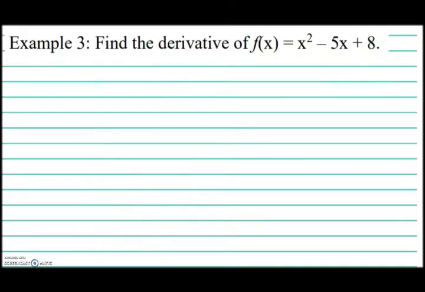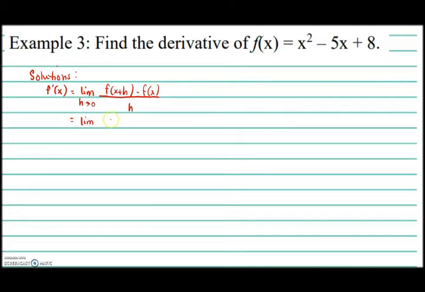Next example. Find the derivative of f of x equals x squared minus 5x plus 8. So, solution. Basically, f prime of x is equal to the limit of f of (x + h) minus f of x over h as h approaches 0.